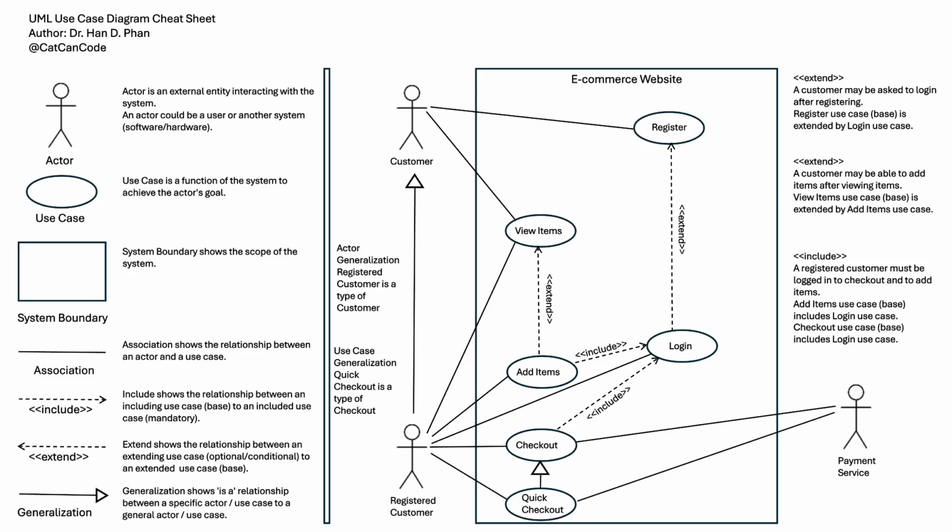Let's look at the other types of relationship in this e-commerce website UML use case diagram. I have include relationships between the add item use case and the login use case, and between the checkout use case and the login use case.